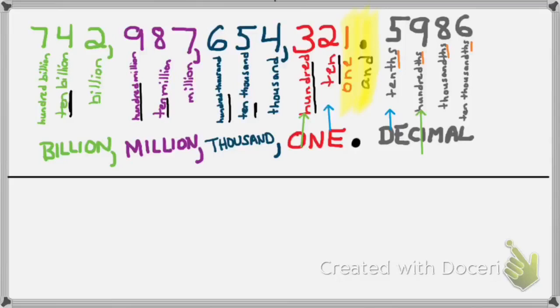On my whole number side, to the left of the 100 comes my thousands column. So on the decimal side, to the right of the hundredths comes the thousandths column. And finally, on the left side, to the left of my thousands column comes the 10,000s column. Therefore, on the decimal side, to the right of my thousandths column will come my 10,000ths column.